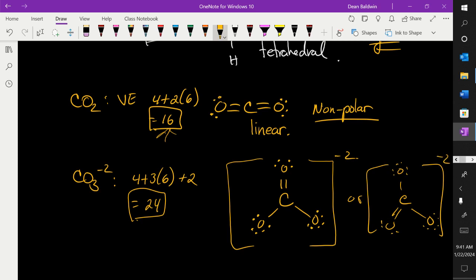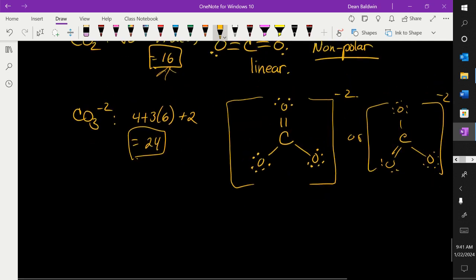So you can think of it as being equally distributed. Okay. So I'll ask you again, does it have symmetry? So is it polar or nonpolar? Nonpolar. Okay. The molecule itself is nonpolar.